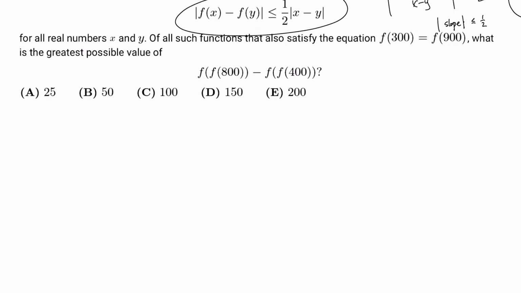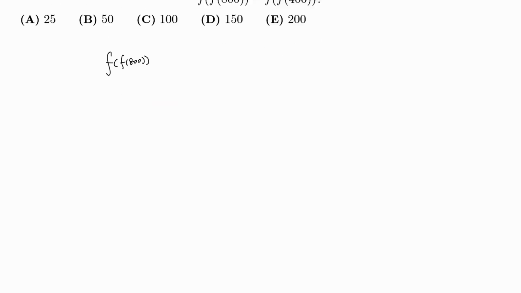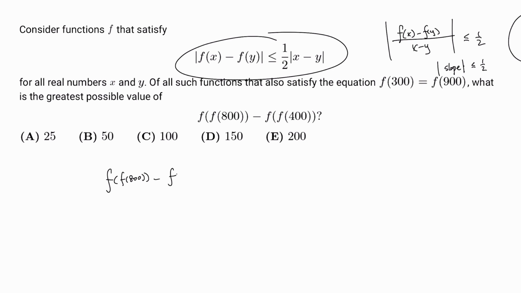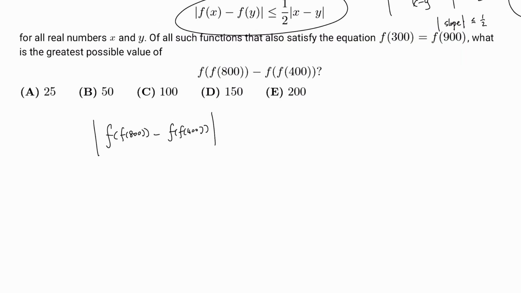So we can apply the relationship we're given: f of 800 minus f of 400, with the absolute value, doesn't really matter because we want the greatest possible value, so it's probably positive, is less than or equal to 1/2 of 800 minus 400.